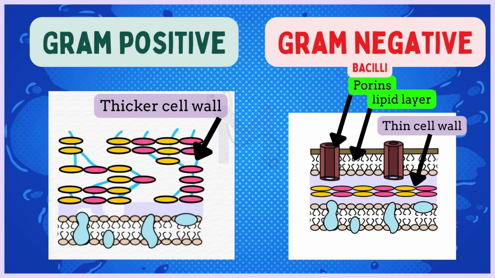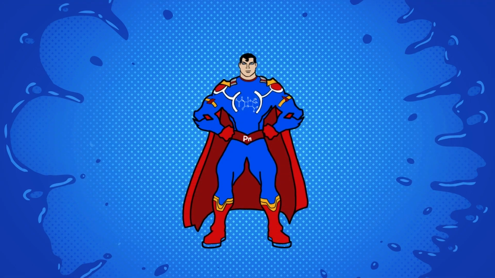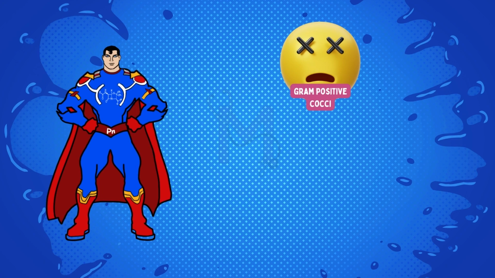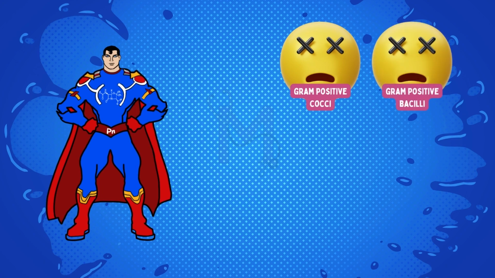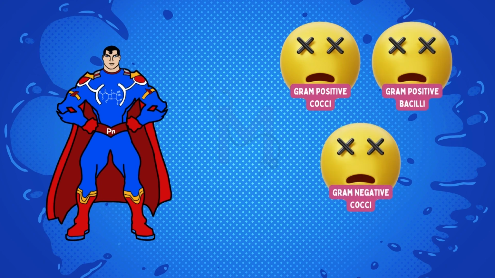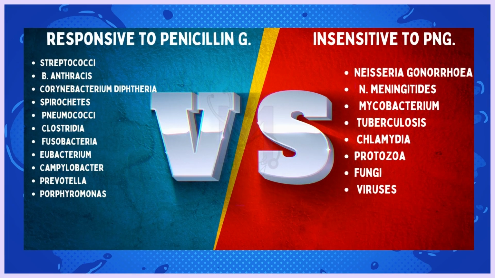The majority of gram-negative bacilli have very small porins, making it impossible for penicillin to pass through them. However, the porins in gram-negative cocci are larger and therefore penicillins can pass through them. So, to summarize, natural penicillins are effective against gram-positive cocci, bacilli, and a minority of gram-negative cocci. So with this, we can judge which of the bacilli in this list are susceptible to penicillin.